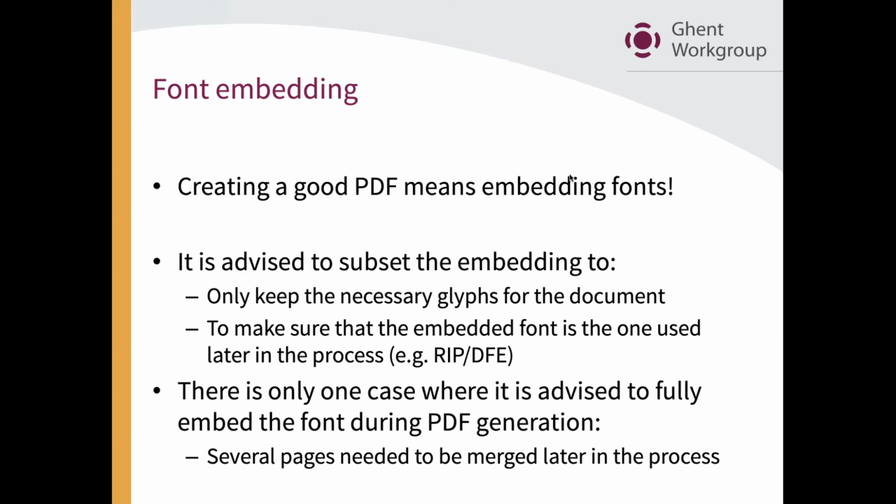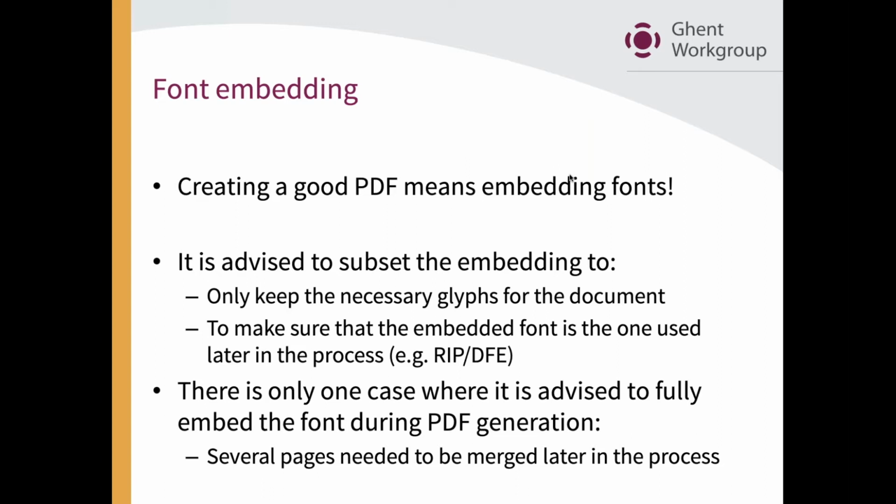Because when you subset a font in the embedding, there is a generated name for that font, and that prevents that font being replaced by another one that looks like the same.